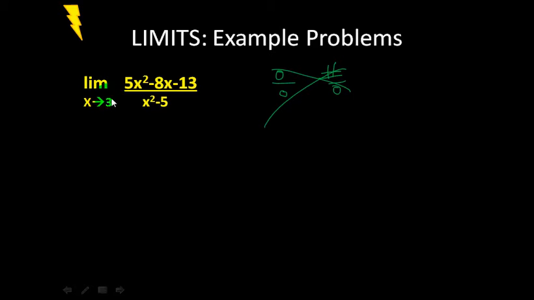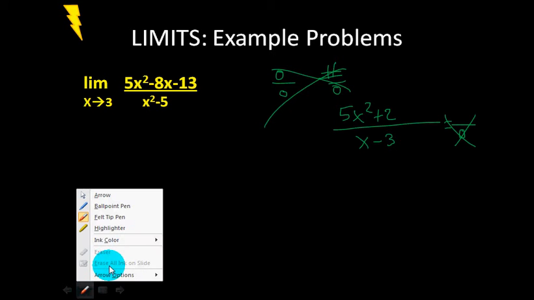But first we should just check to see if we can plug it in, because it looks like we will be able to, because it's a 3. So like, if we had 5x squared plus 2 divided by x minus 3, and we just plug the 3 in, we'd get a 0 in the denominator, and that's what we want to avoid. But in this case, it looks like we will be able to just plug it right in.